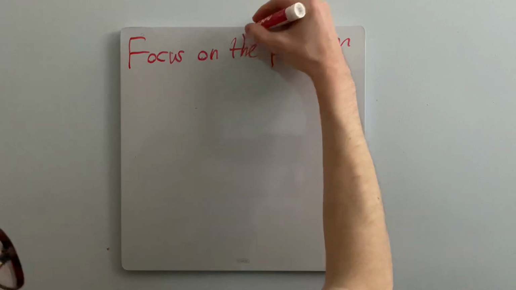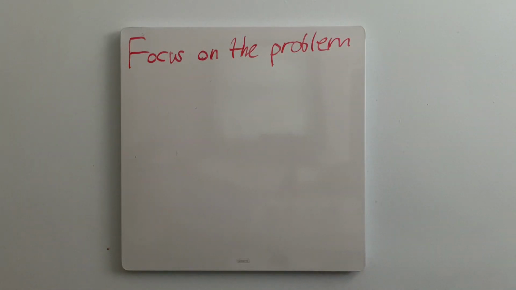And this one is important because it's not always that the person is the problem. It's very easy to sometimes say, oh, well, it's all your fault. And it's easy to look at one person and blame them, because it's just easier that way. But focusing on the problem is way better, because each person has their own different set of problems.